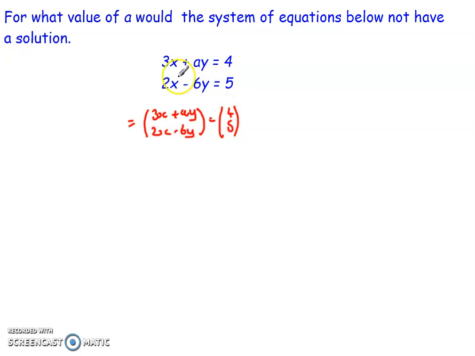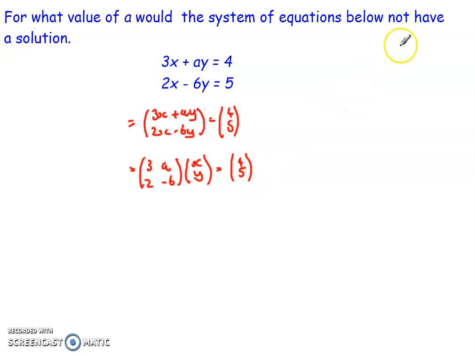Then I take out the coefficients, remove the pluses and minuses, and put my x and my y as a column matrix. So I'd have 3, a, 2, and negative 6 there. I'd have my x and my y, because if I did the matrix multiplication here, I would skip back to the system of equations I've got. And that equals 4, 5.